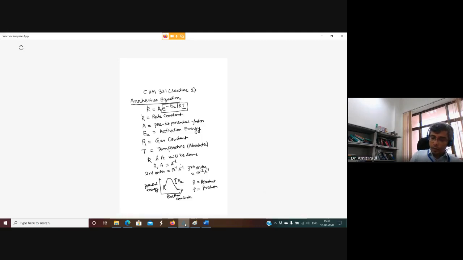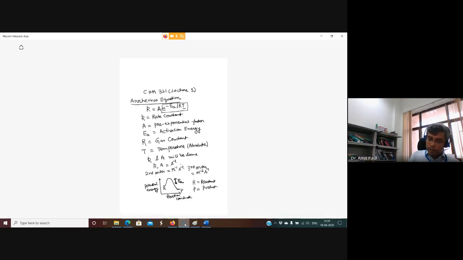Basically this graph shows that in order to convert the reactant to the product, we need to overcome an energy barrier. And this energy barrier, we know it as Ea, or the activation barrier.